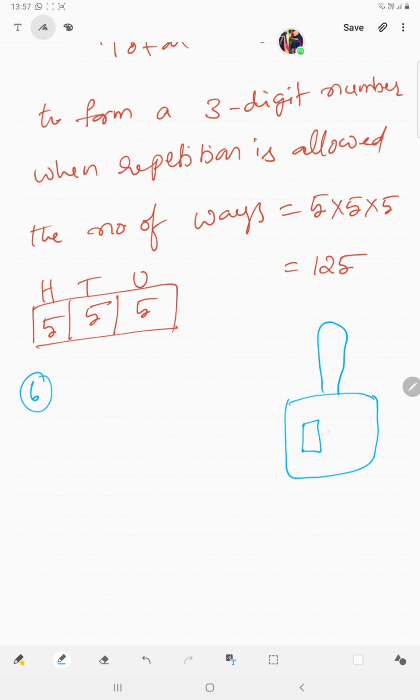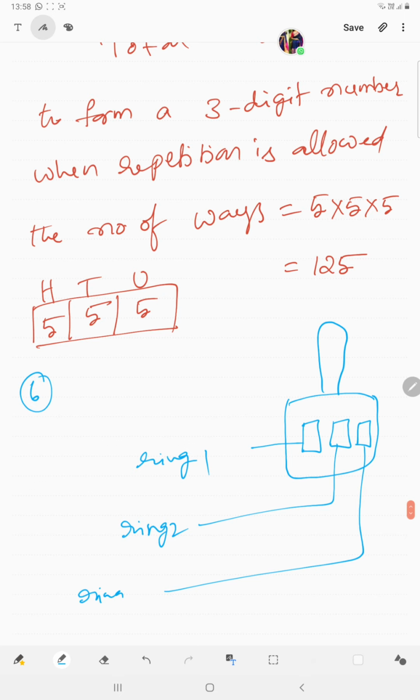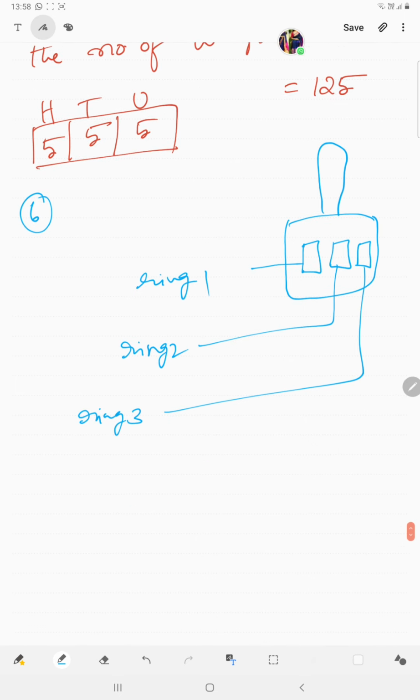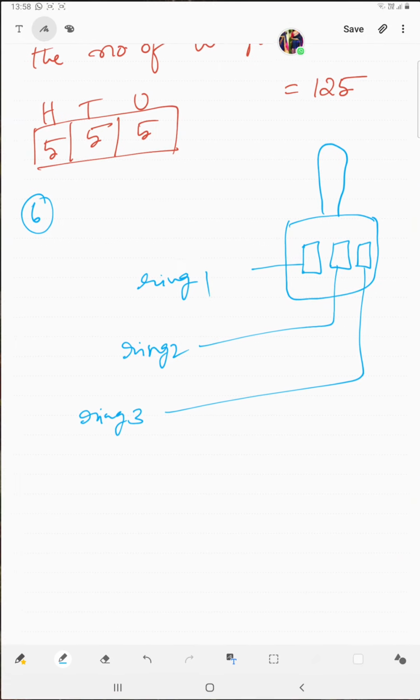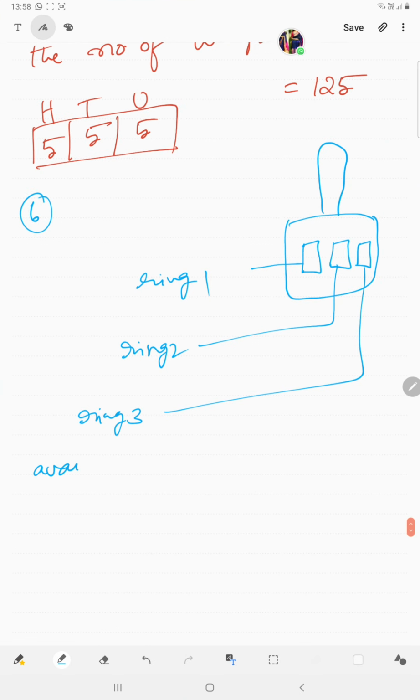There are 3 rings. So let it be ring 1, ring 2 and ring 3. Lock has 3 rings but available letters are 5.